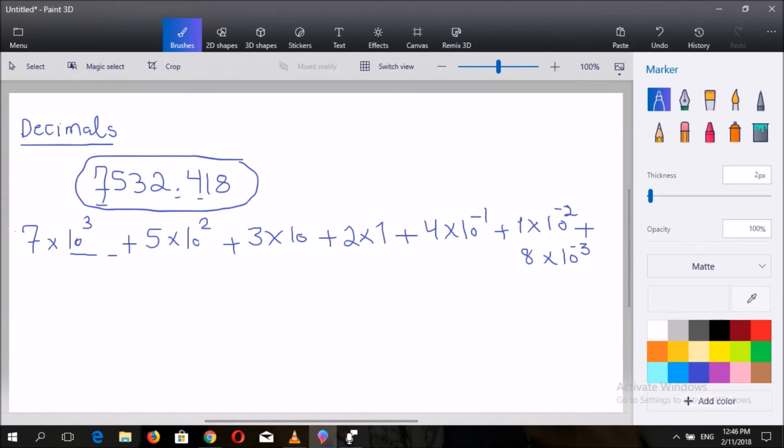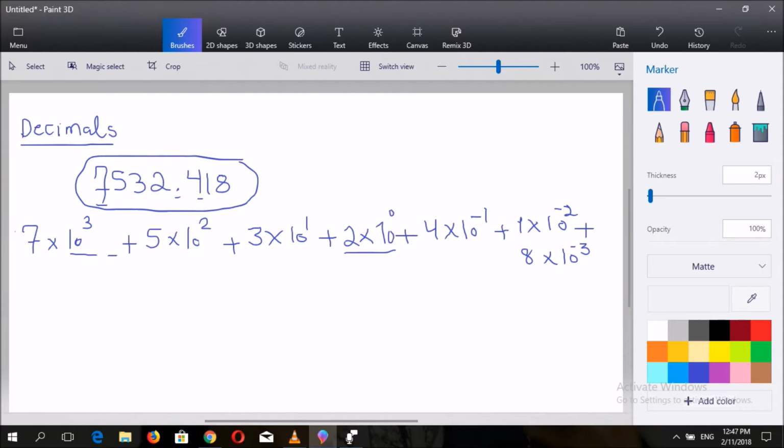Now in this case we need, for example, 4. 4 is represented by this mathematical expression: 4 multiplied by 10 to the power minus 1, because this is the first number located on the right hand side of the decimal point. The second number is mathematically expressed as 1 multiplied by 10 to the power minus 2, because this is the second number.